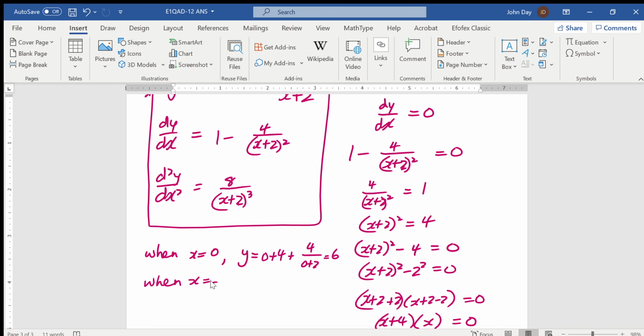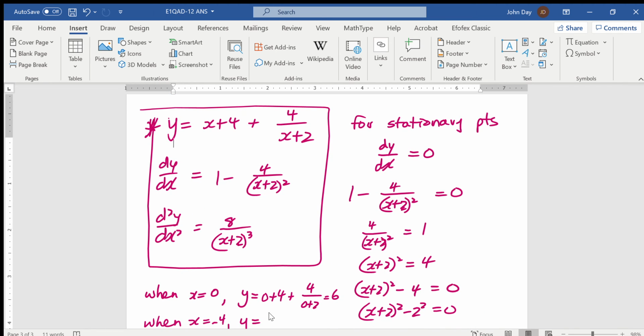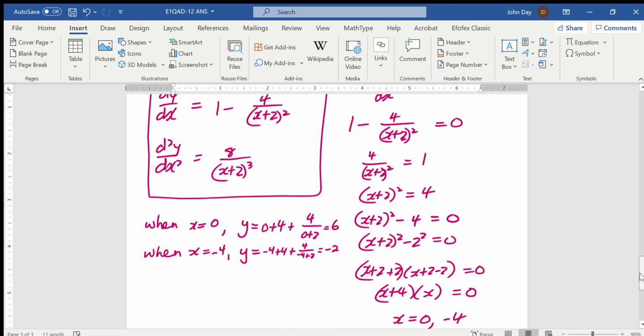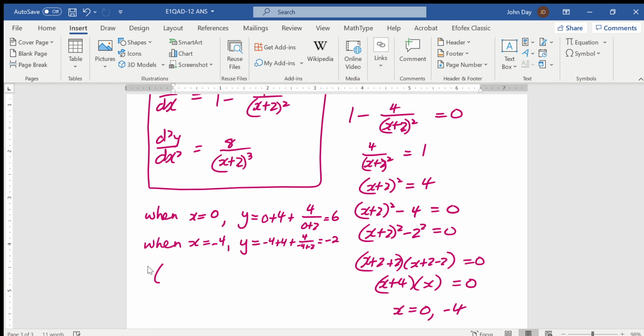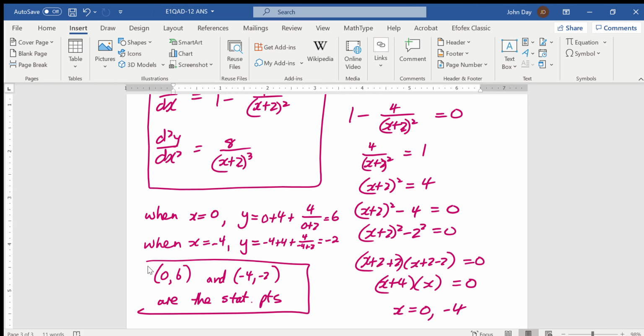Minus 4, y equals minus 4 plus 4 on minus 4 plus 2. So 0 and 4 on minus 2 is minus 2. Okay, so we've got the coordinates of our stationary points, (0, 6) and (minus 4, minus 2). I'll just put that there so I can find it if I need it.